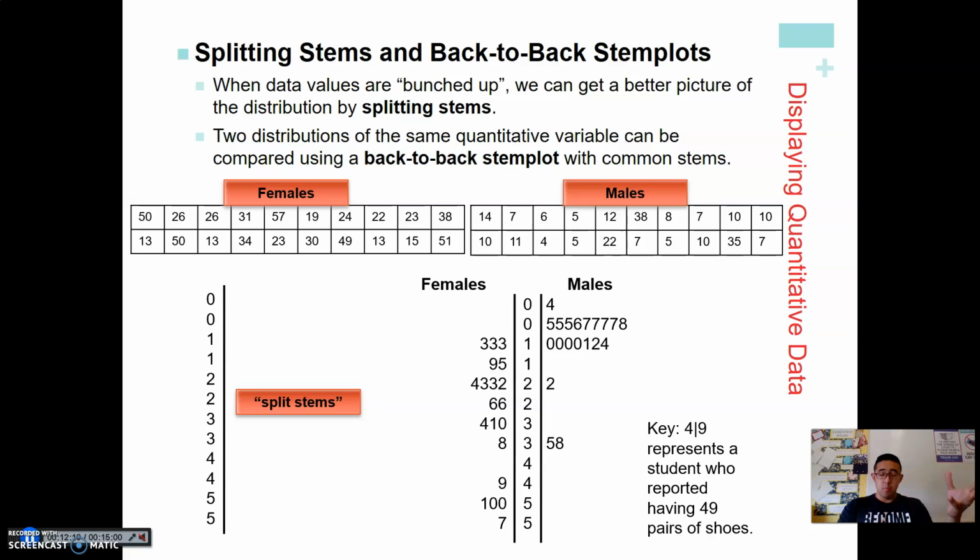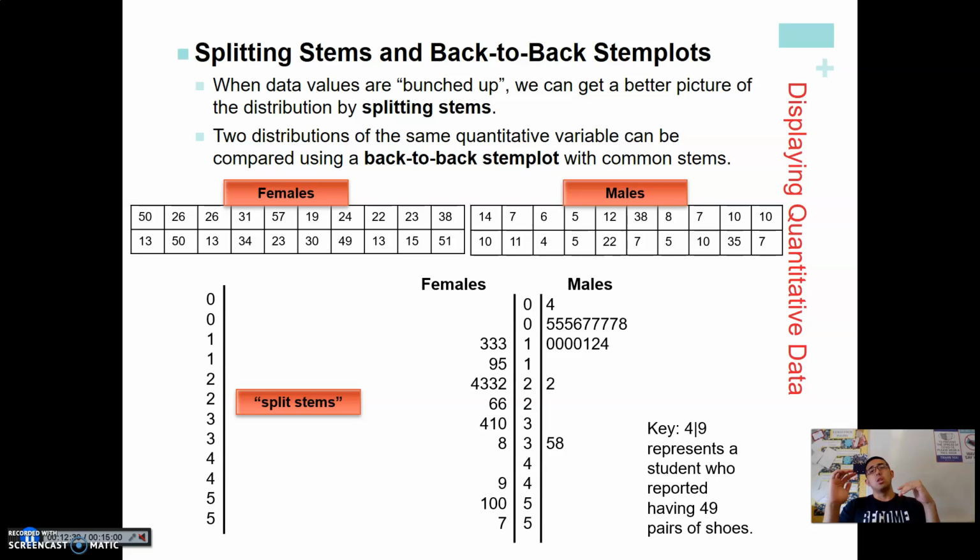Males would be skewed to the right. The shape is skewed to the right, with a center of probably around 7 pairs of shoes. For females, the center is around 26. It is relatively symmetric.